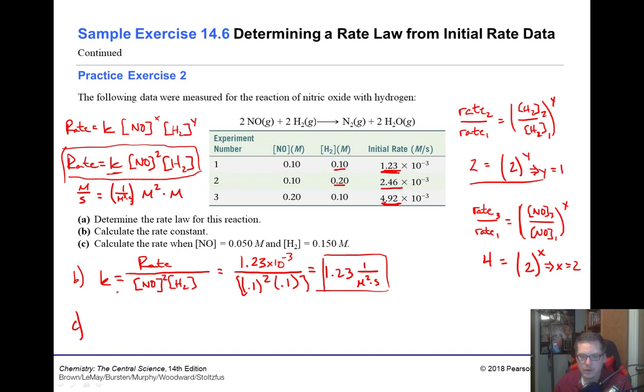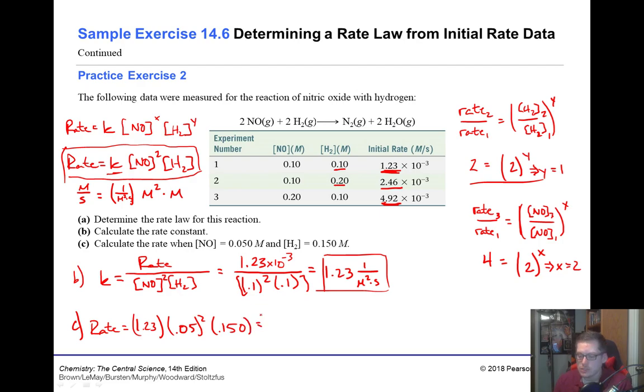Then for part C, it says calculate the rate when the concentration of NO equals that, and H2 equals that. This is easy. We know the formula to calculate rate. It's just right here, the rate law. Rate equals our K value, which is 1.23, times the concentration of NO squared, so that would be 0.05 squared, times the concentration of H2, which is 0.150.